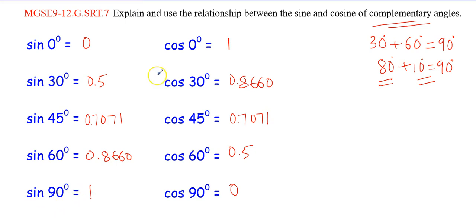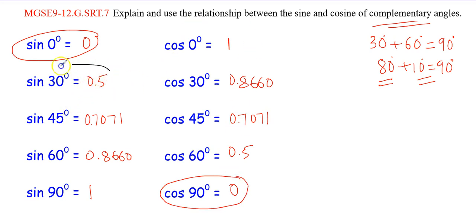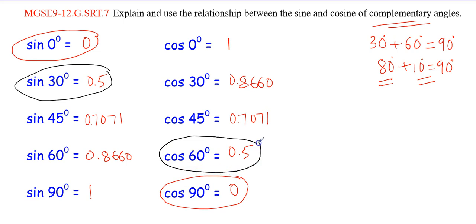So we can see that the value of sine 0 is 0 and cosine 90 is also 0, and the value of sine 30 is 0.5, which is the same as cosine 60, that is 0.5.